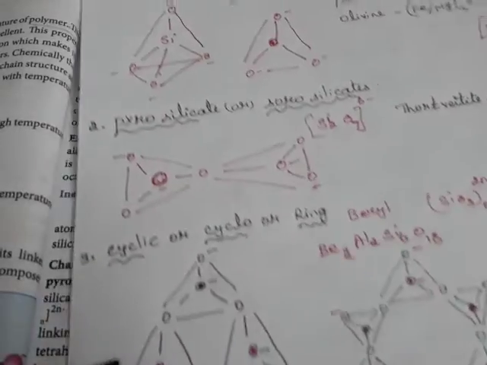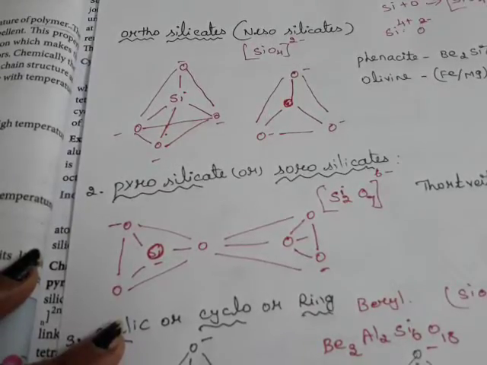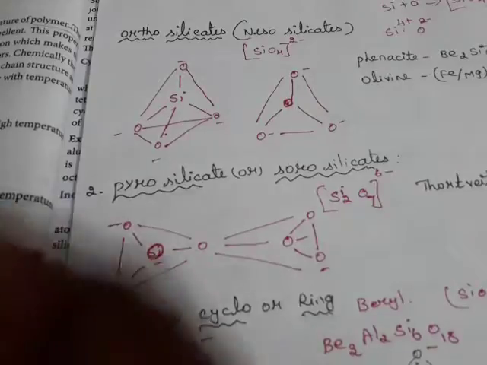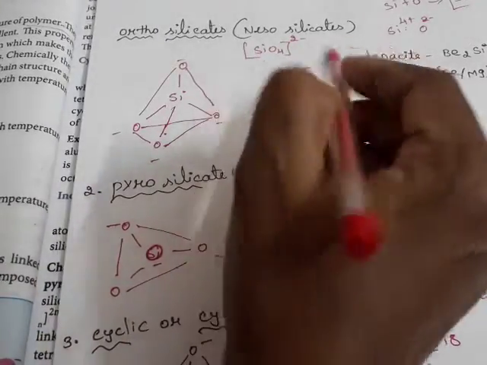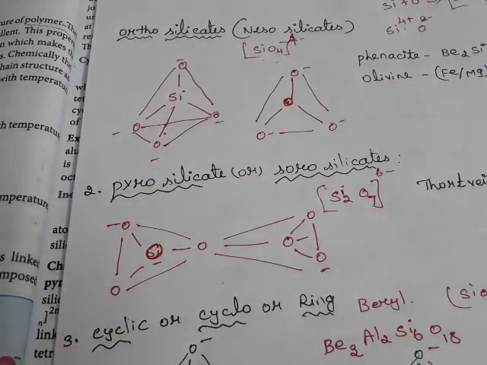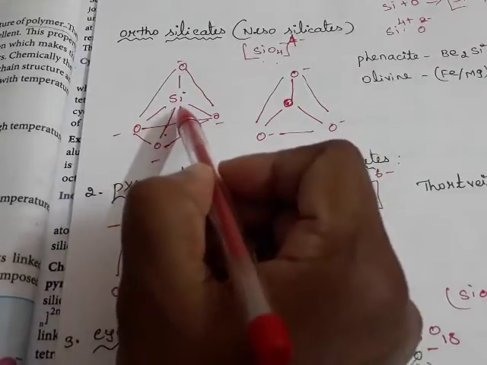First you are going to see the orthosilicates. Another name is nesosilicates. SiO4 to the power 4 minus ion is called the nesosilicate. This is the structure of the silicate.